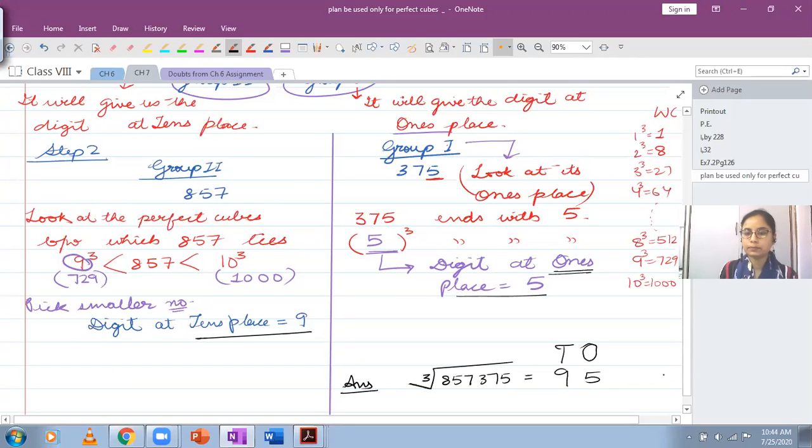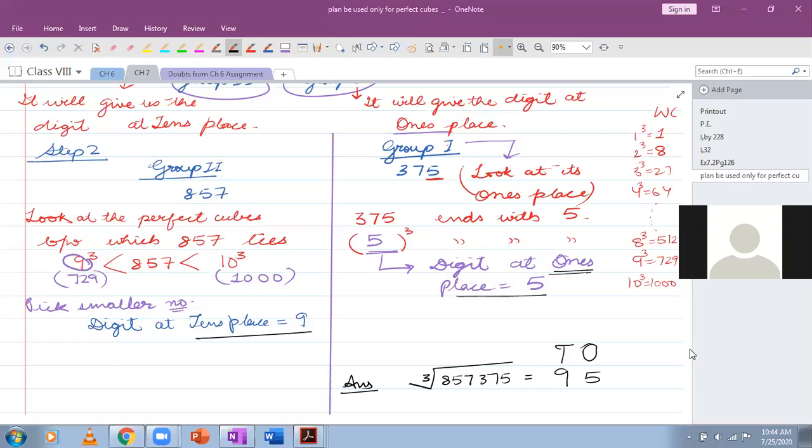This is the answer. Note it down. We will do one more part so that it becomes clear.